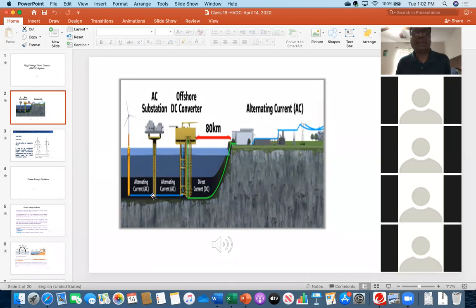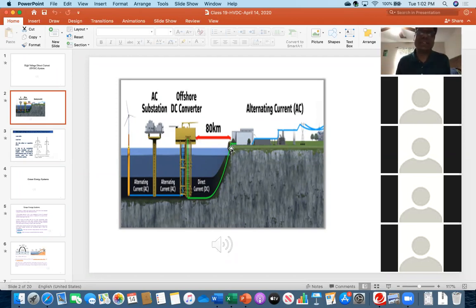And then after that, there is an offshore DC converter. This means that AC is converted into DC. This green colored line is the DC, or high voltage DC line. The distance is about 80 kilometers.